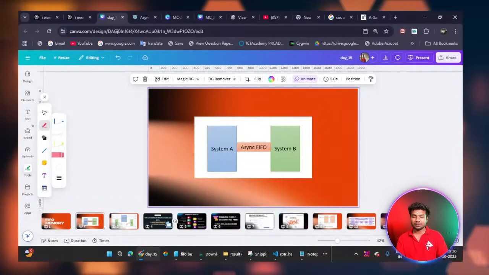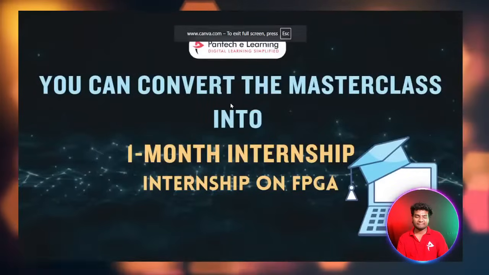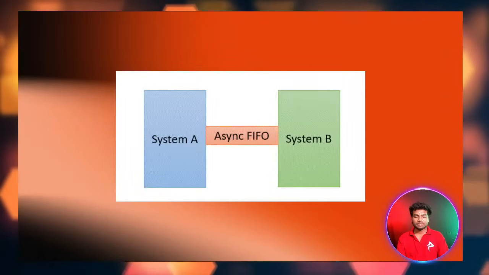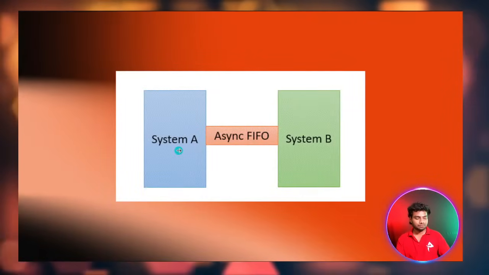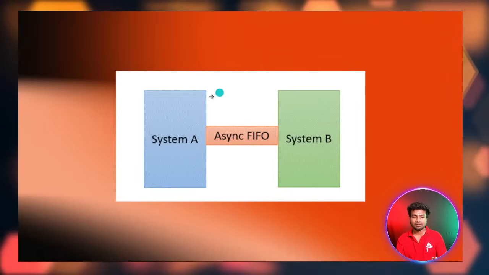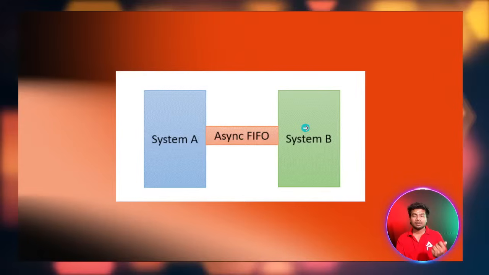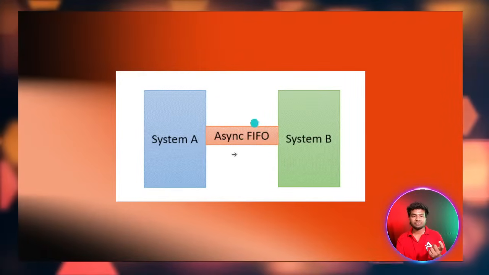So system A will give the clock domain and the write pointer, like I will give the pointer for write. System B will give the clock domain for the read pointer from the FIFO buffer.